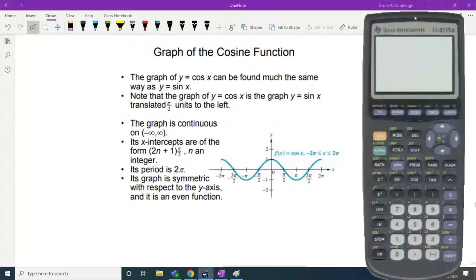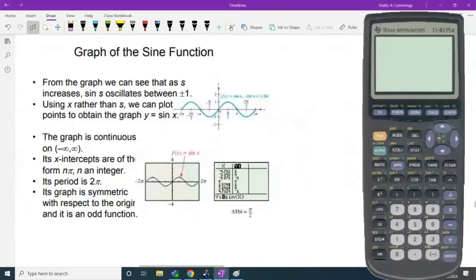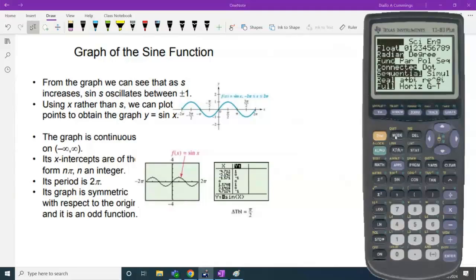All right, now I'm just going to take a look at these on a calculator. And I'm going to graph sine x just to show this. So I'm going to turn it on first of all. Whenever you graph any trig functions, you want to make sure that you are in radian mode.